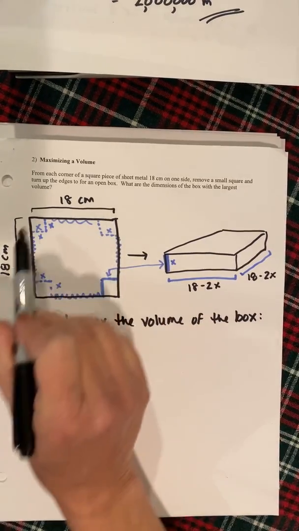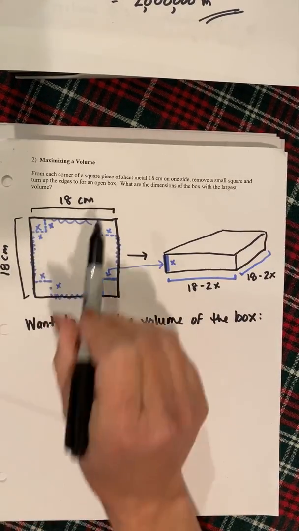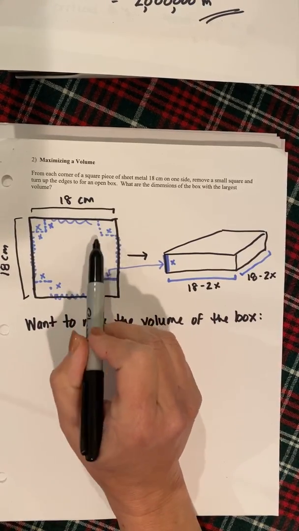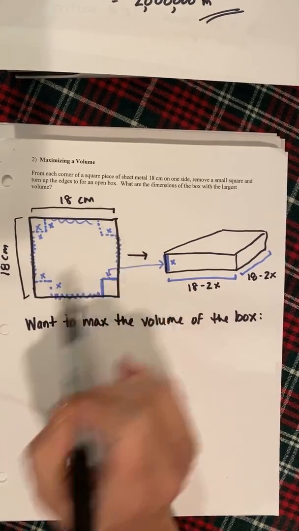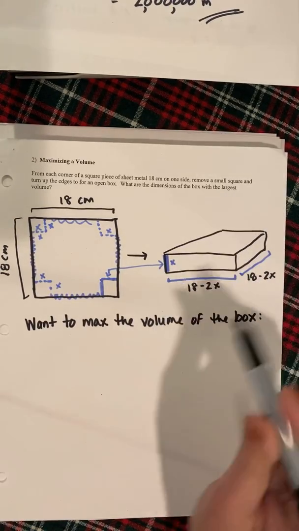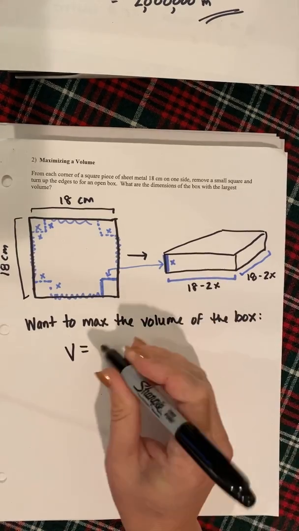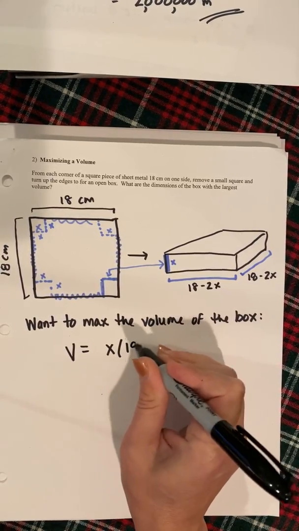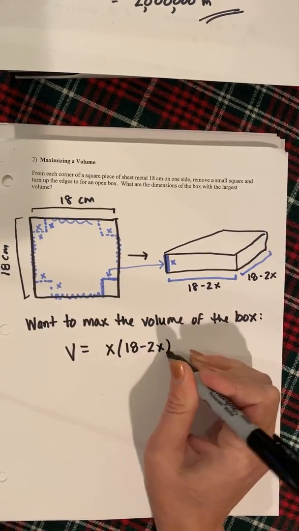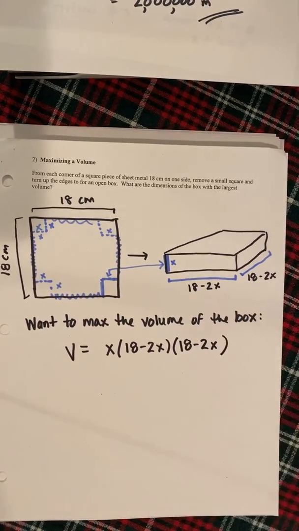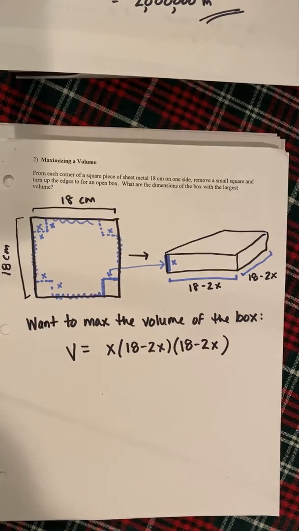Okay, so if we start with a square piece of sheet metal, 18 centimeters on each side, we cut out X, a square of side X from each corner, and this is the box that we'll produce, and the volume of this box will be the length times the width times the height. So here is what we want to maximize, the volume of the box.